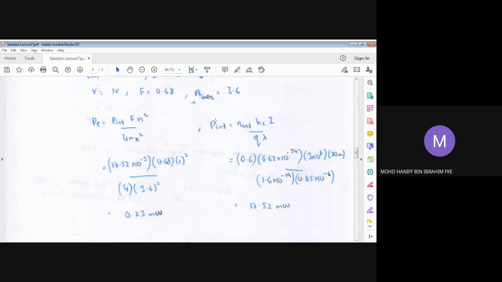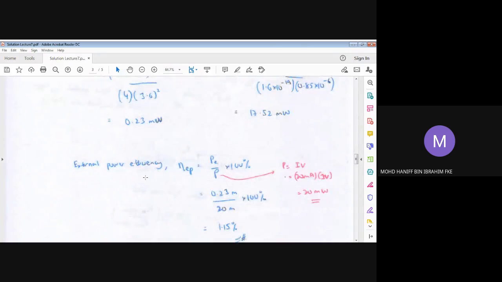See, the internal power is 17.52 milliwatt, but the emitted power is only 0.23 milliwatt, which is a very huge difference, right?